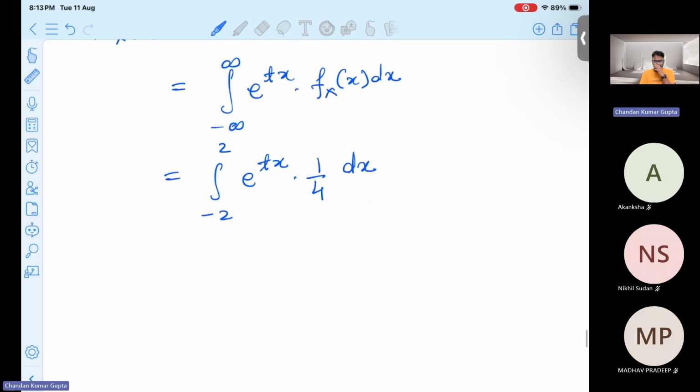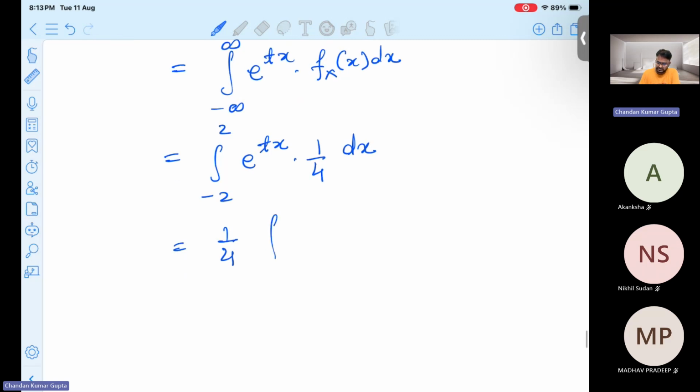The 1 by 4 comes outside the integral. Someone has said 1 by 4t times e to the power 2t minus e to the power -2t. Let me write it and correct it.